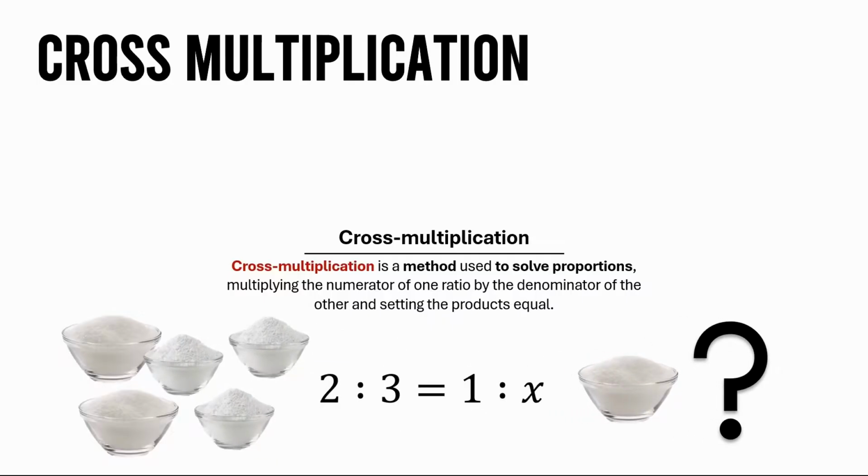Before we do that, we can rewrite the proportion like this. Note that instead of the equal sign, we can also use a double colon, although this notation is less used.